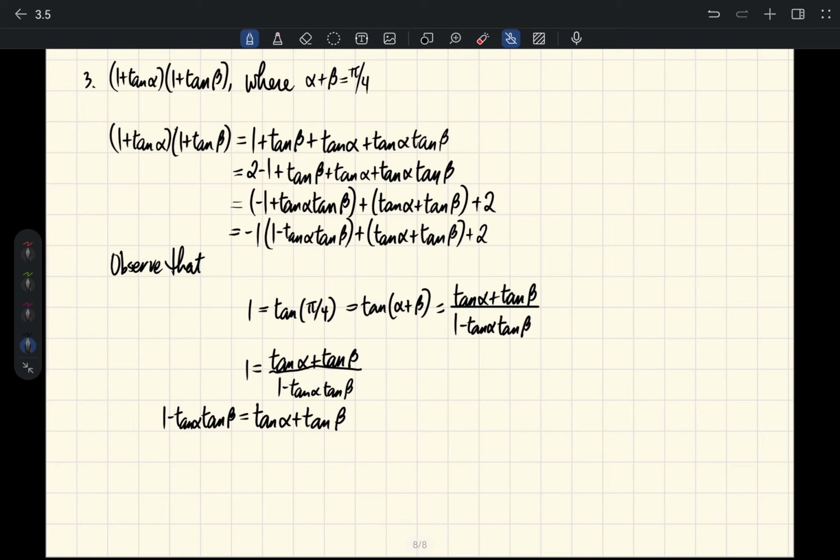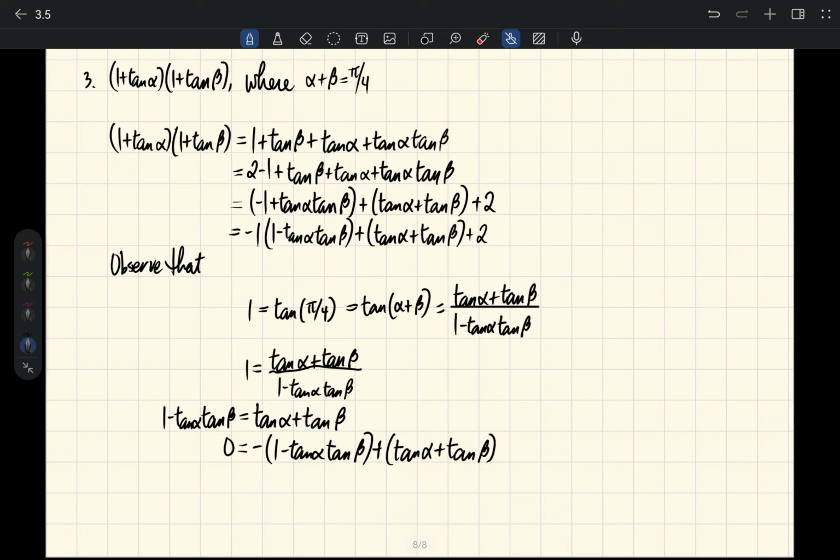Then putting this one to the other side, we get 0 equals, this would be the negative of 1 minus tangent alpha tangent beta plus tangent alpha plus tangent beta.